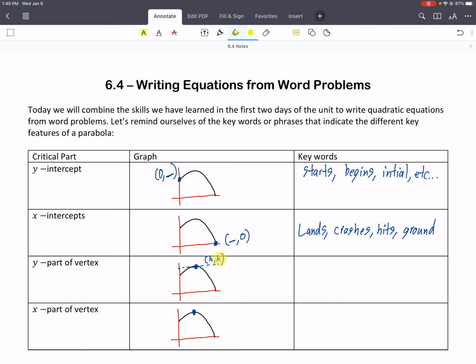So your k is going to be the y part of your vertex, and that's going to be like, look for the max height, or highest. You could also have it where maybe your parabola is concave down, so that would be your min height or lowest.